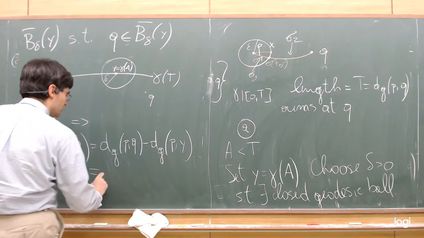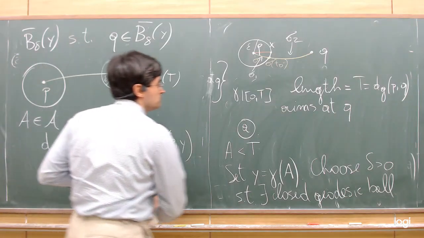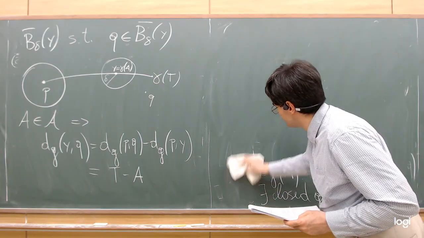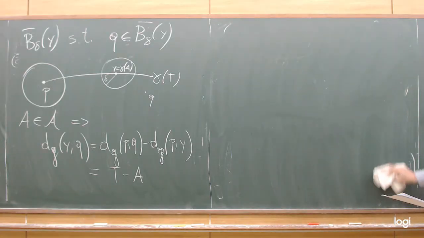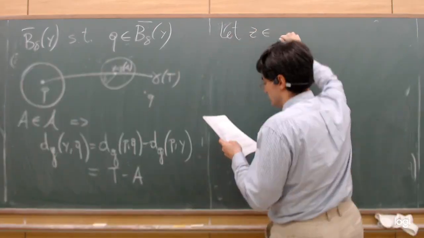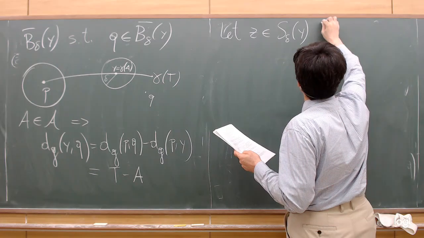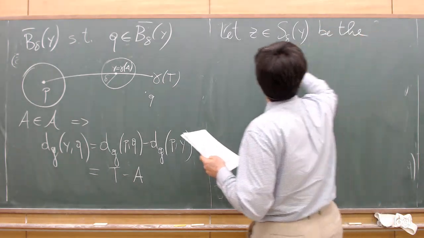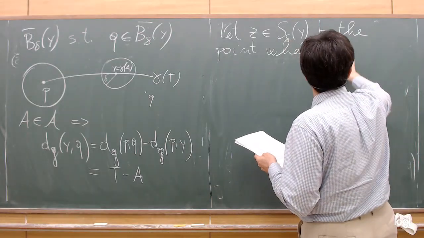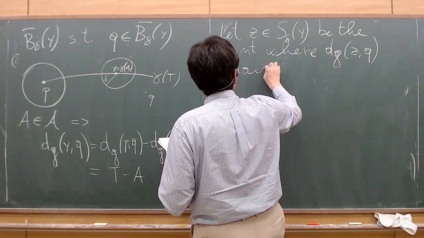And clearly this is equal to T minus A. Let Z be a point in this geodesic sphere where the distance between Z and Q attains the minimum.